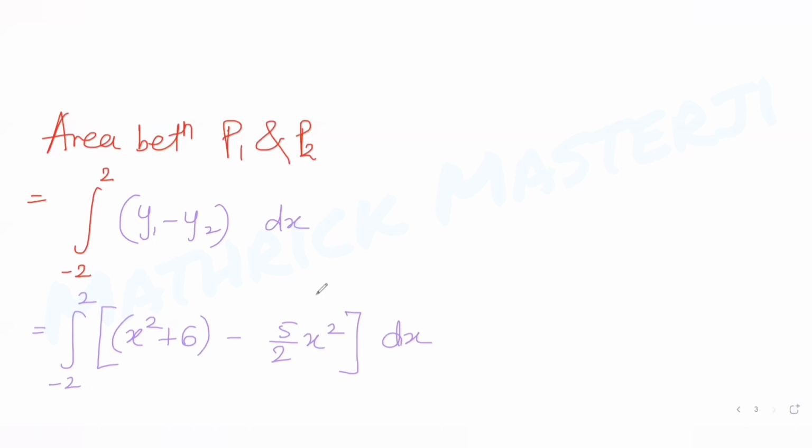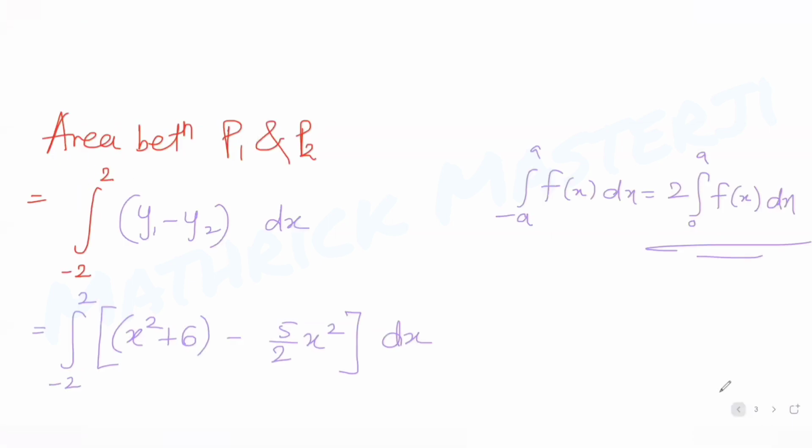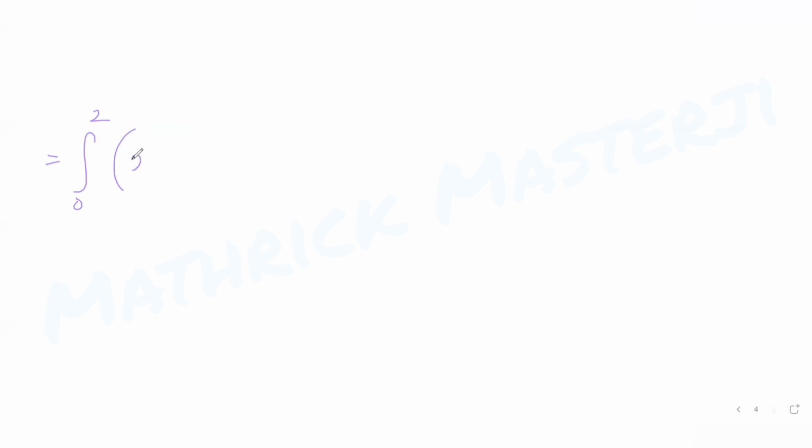When it is minus a to a of f of x dx, I can write that as 2 times the integral from 0 to a of f of x dx. So I get 2 times the integral from 0 to 2 of x square plus 6 minus 5 by 2 x square dx.